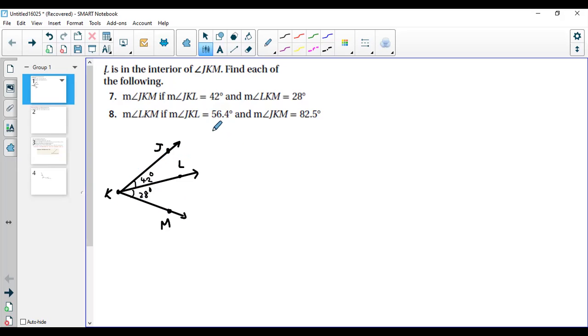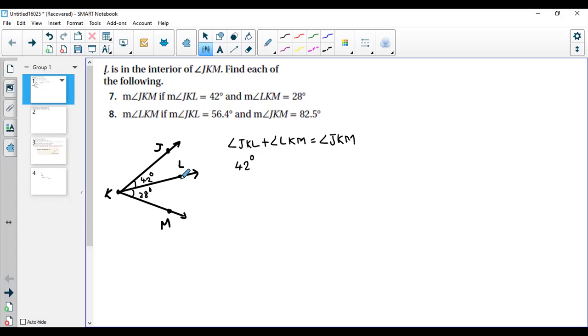So first let's write the equation. We have to say that the two small angles, angle JKL plus angle LKM, will give you the bigger angle, which is angle JKM. So what is the measure of angle JKL? It's 42 degrees.